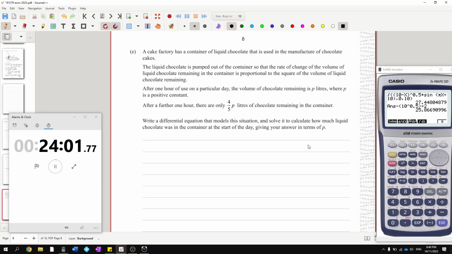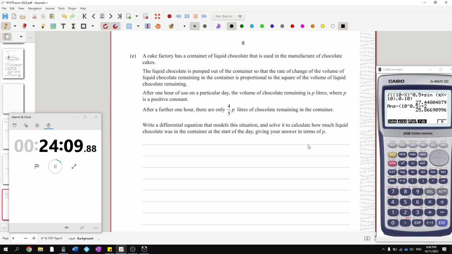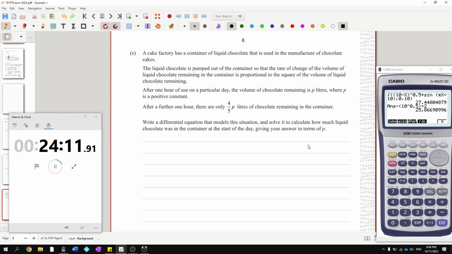Cake factory. Oh my, it's one of those ones. It's like the Newton's cooling type thing. Rate of change of volume. So there's a container of liquid, and liquid is taken out of the container at a rate proportional to the square of the volume.